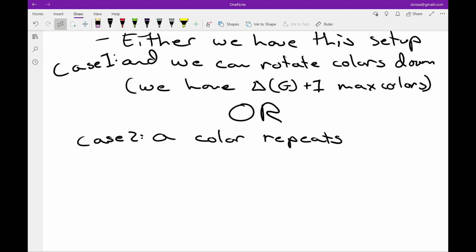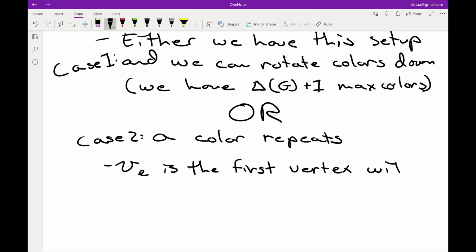So we're going to consider this VL, which is the first repeating color, or the first vertex with a repeating missing color. It's the first vertex with a missing color on A1 up to AL.